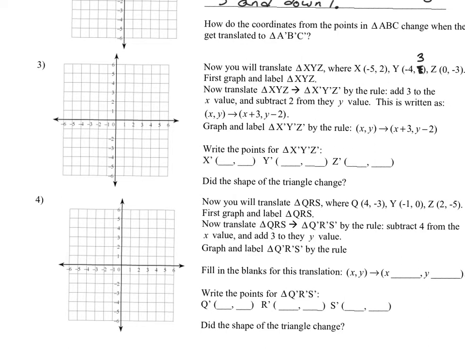So X, we're going to the left 5 and up 2. There's my X. Y, we're going to the left 4 and up 3. And point Z, we're going 0 and down 3.